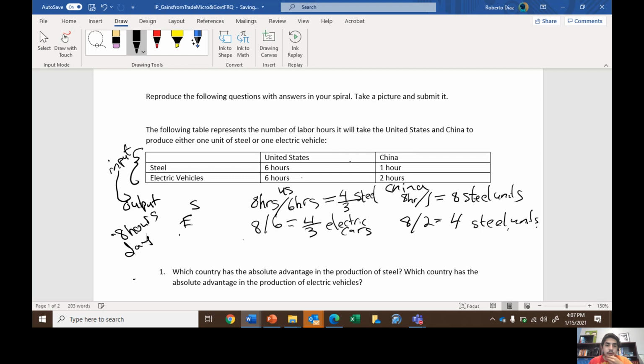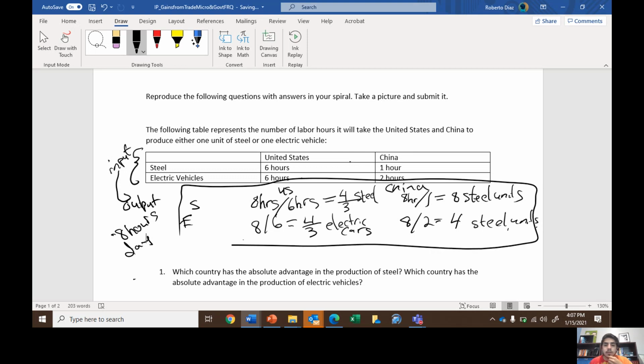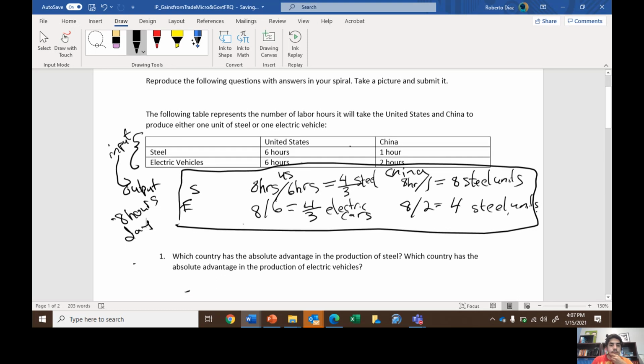Okay, so this is the first approach. We converted the input table into an output table, but now we want to convert this output table into a table demonstrating comparative advantage.